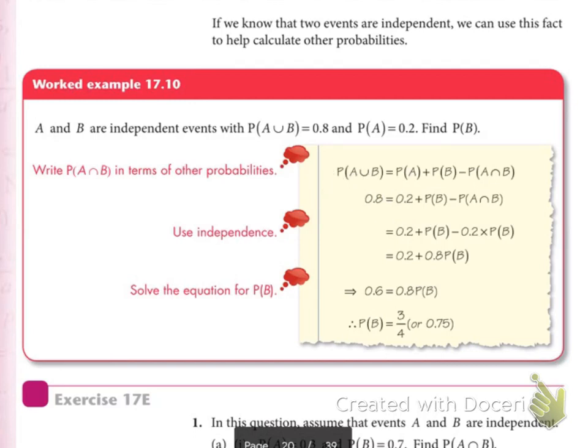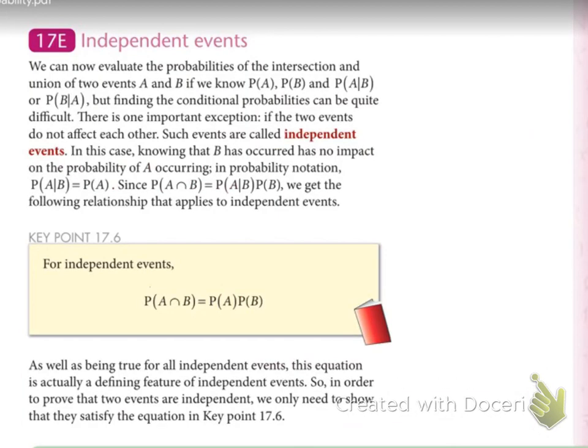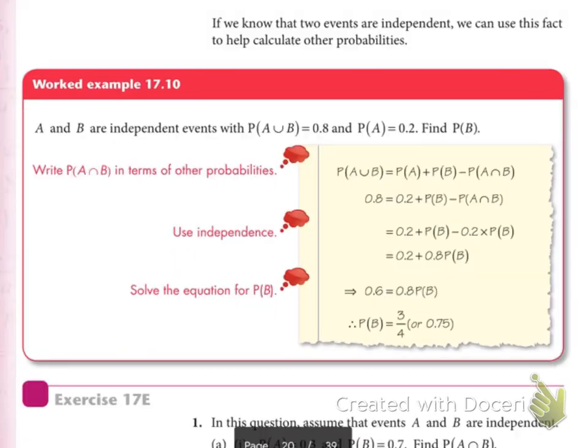And so you have to use the fact that the intersection is just the probability of A times the probability of B. So they make a little leap here from this step to this step, but the probability of A intersecting B is the probability of A times the probability of B. So they took the formula that we had here and just substituted the probability of A and probability of B in there.